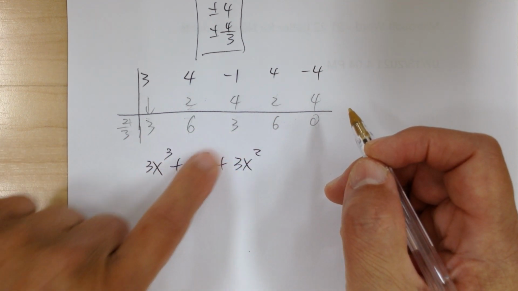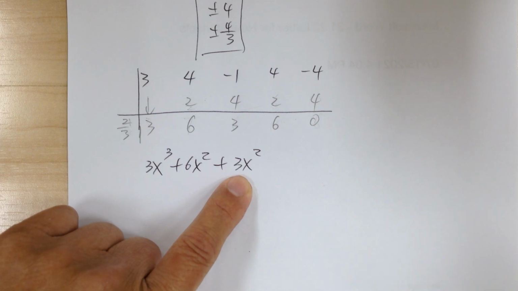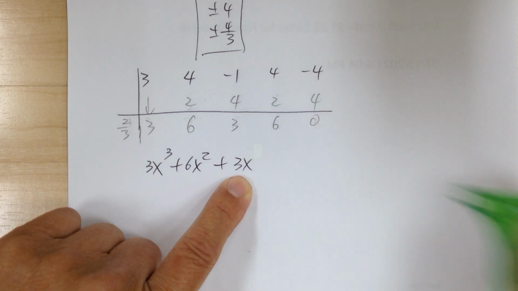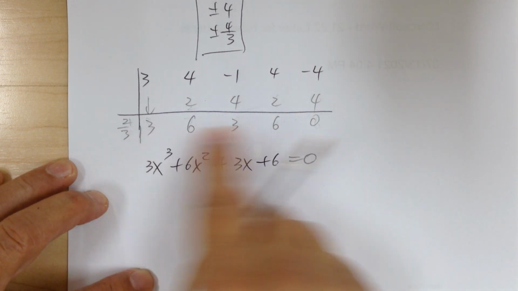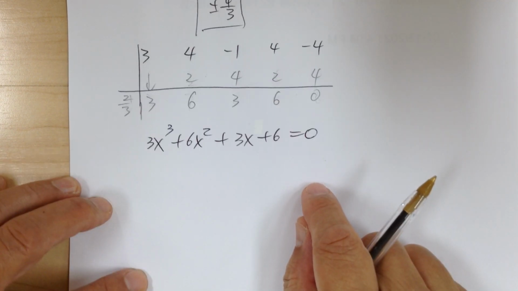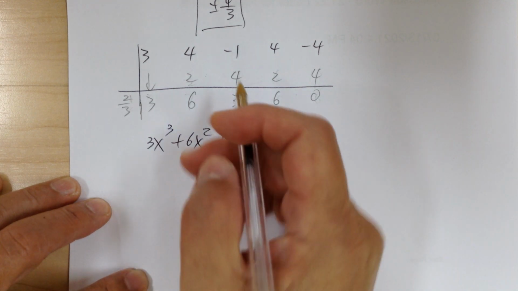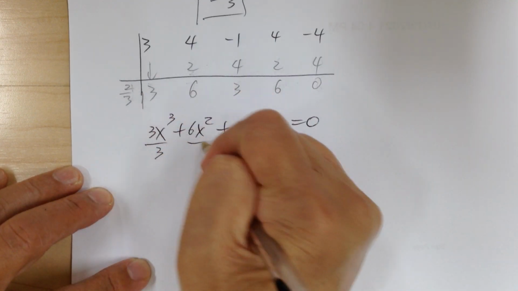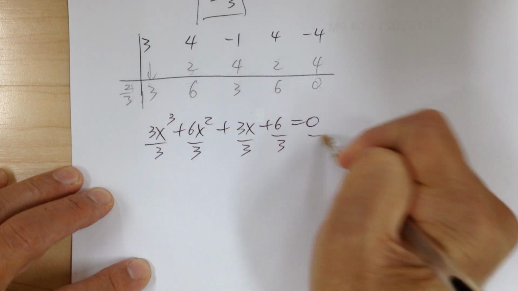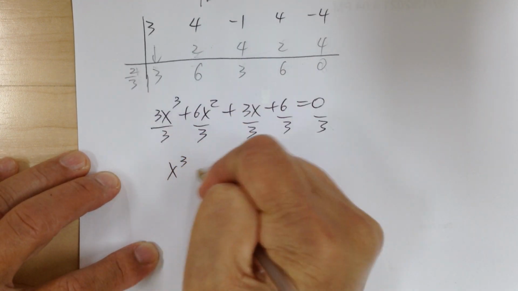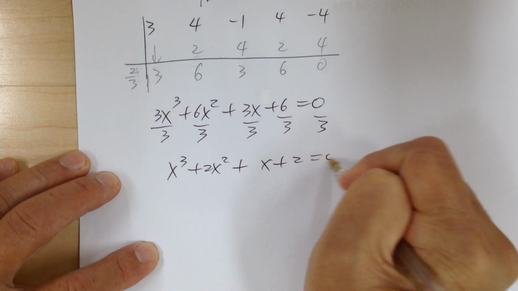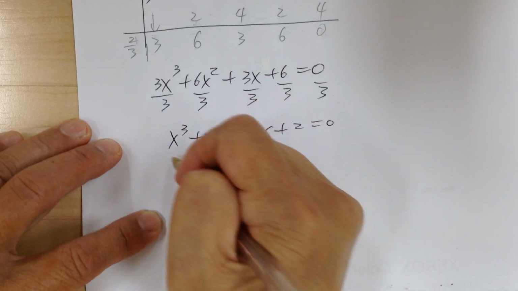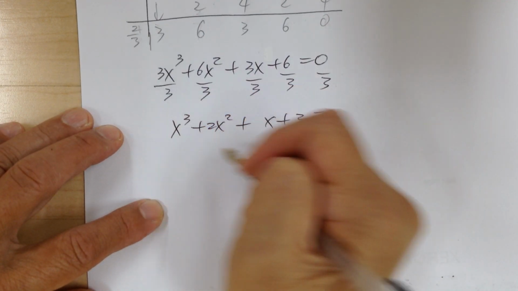So 3, 2, 1. Notice they have the same ratio. That's how you know it's factorable. But before we do that, I'm going to divide it by 3 to lower my number. So I got x cubed plus 2x squared plus x plus 2 equal to 0. And I'm going to do it by grouping.